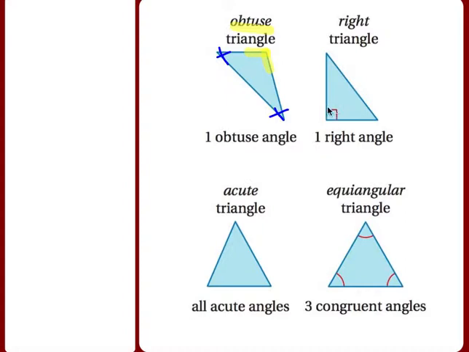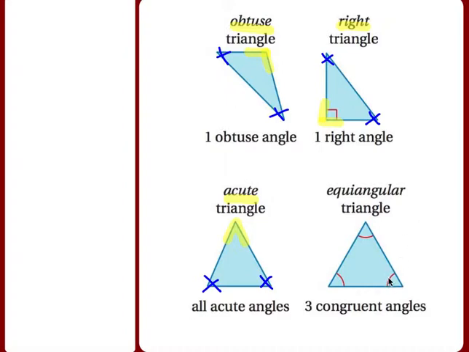It just has the right triangle box here, but again, if we cross off two of the acute angles, we see that that's the right angle. So a right triangle. For an acute triangle, again, cross off two of the acutes, and sure enough, we have a third acute angle that is less than 90 degrees.